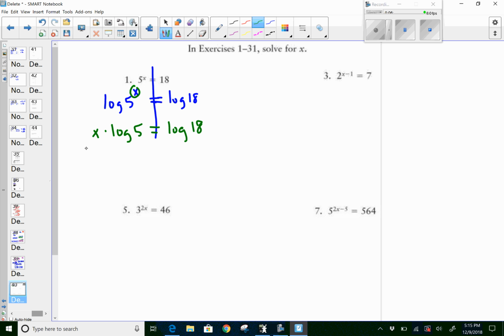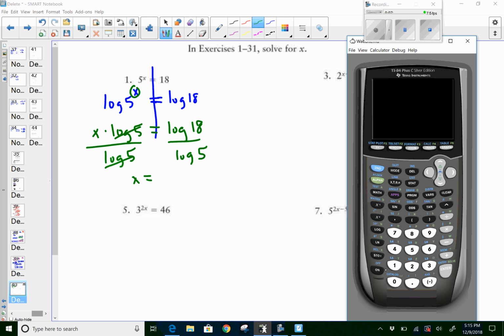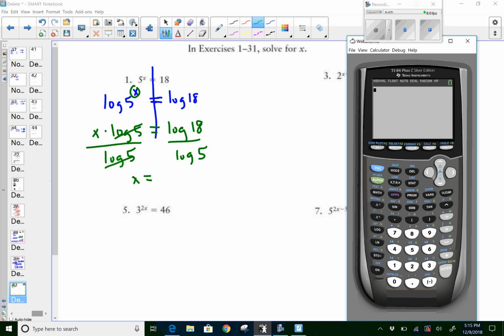To get this x by itself, I'm going to divide both sides by log of 5. This cancels out, so x is equal to whatever this is. For that, I need my calculator turned on. I'm going to hit alpha y equals, option number 1.